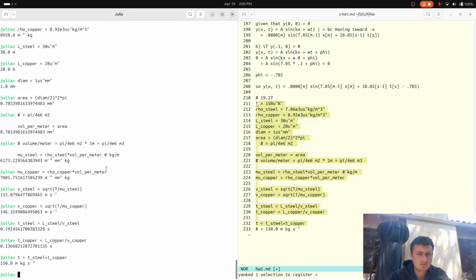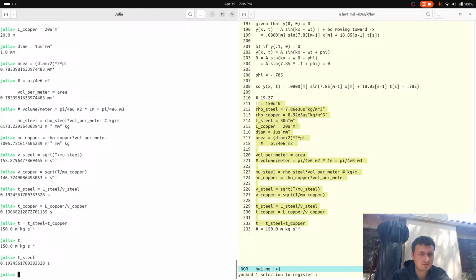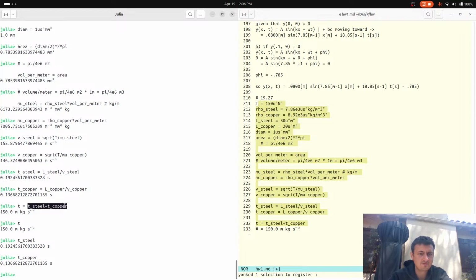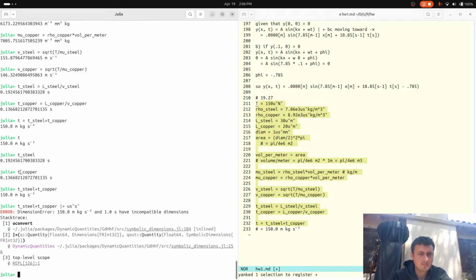What? Meters per second. How is this possible? This doesn't make any sense. T steel, T copper. How is it possible that if I add these two together, I get... What? Bro, what? How is this possible?